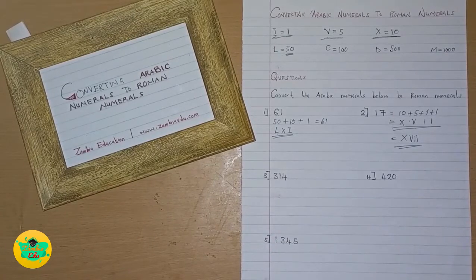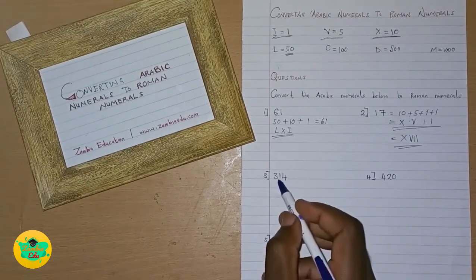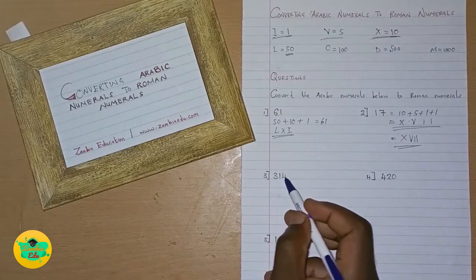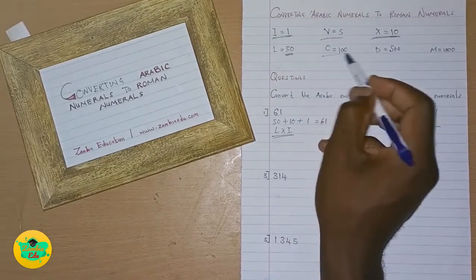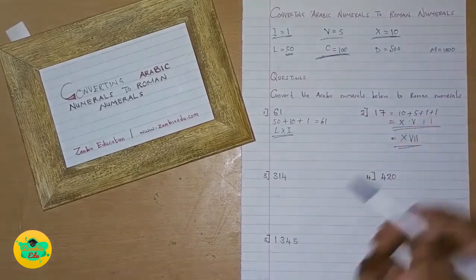314, convert 314 to Roman numerals. All right, so here we can work with the 100. We can make groups of hundreds up to 300.